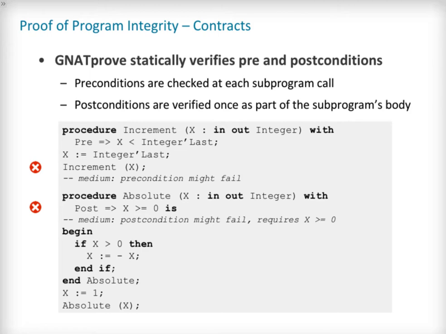In our example shown here, GNATprove will detect both the identified errors as soon as they are visible. For the precondition, it has to wait until Increment is improperly called, as a precondition is really a contract for the caller. On the other hand, it does not need Absolute to be called to detect that its postcondition does not hold on all of its possible inputs.